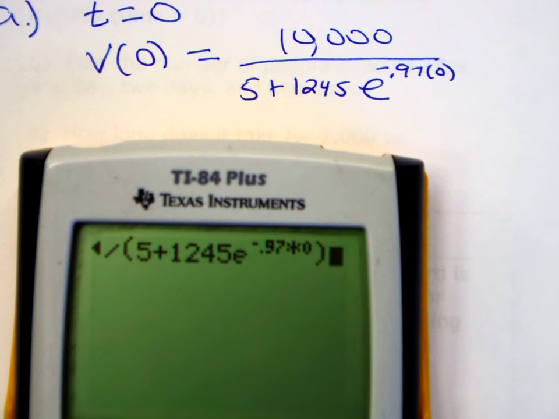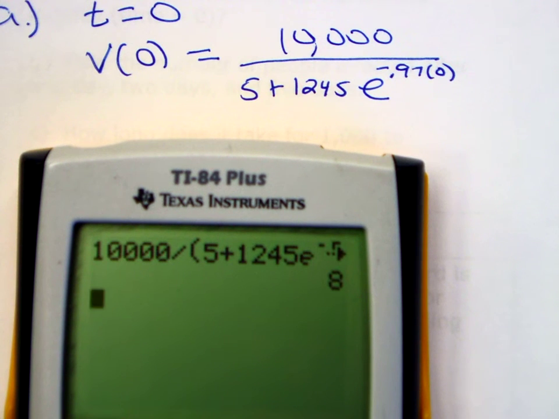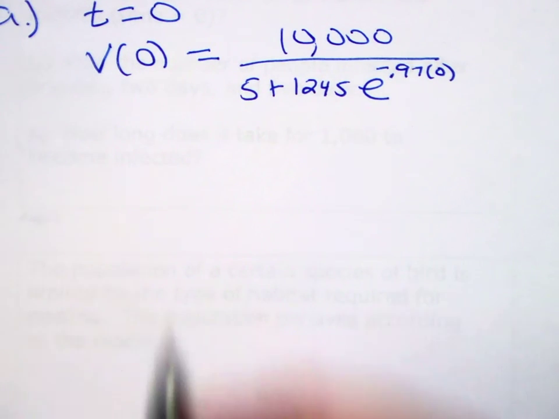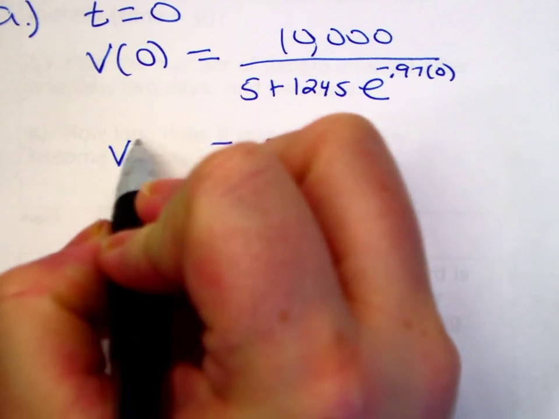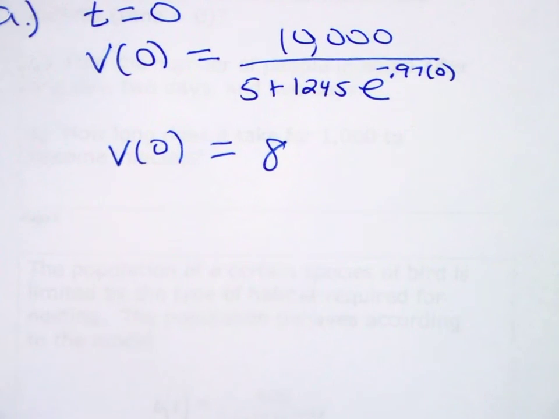Close it, enter, 8. So at the start of this disease, 8 people were infected.